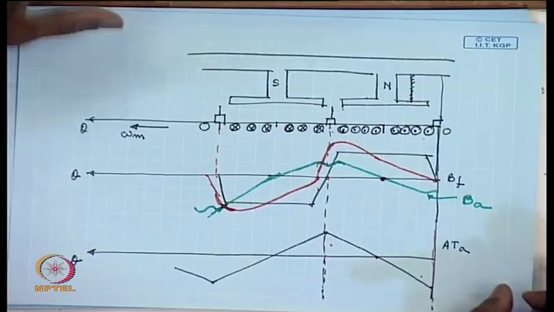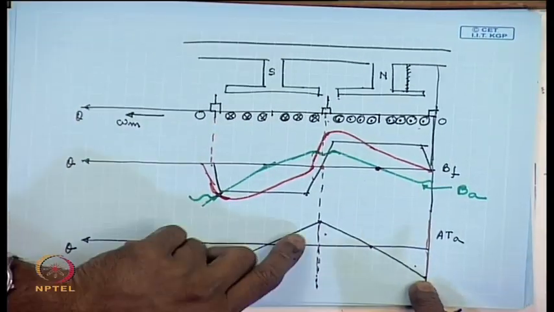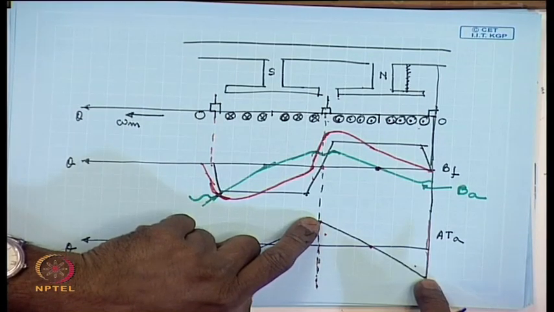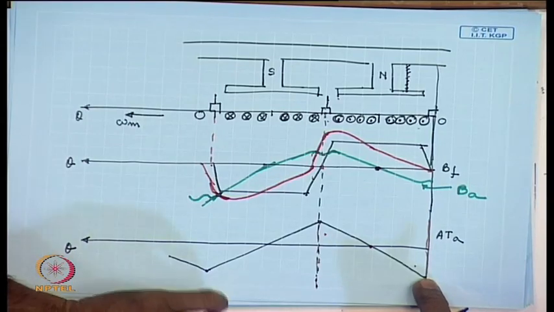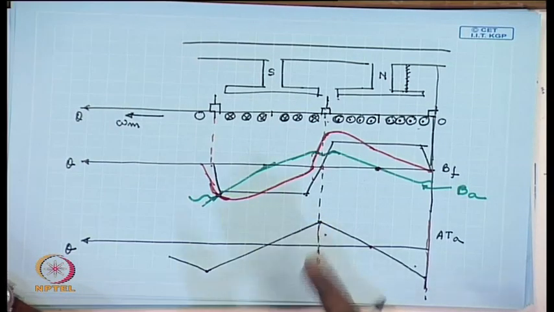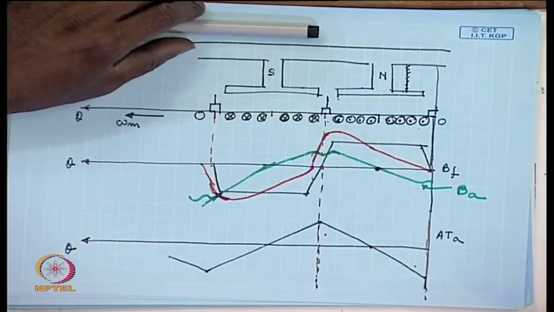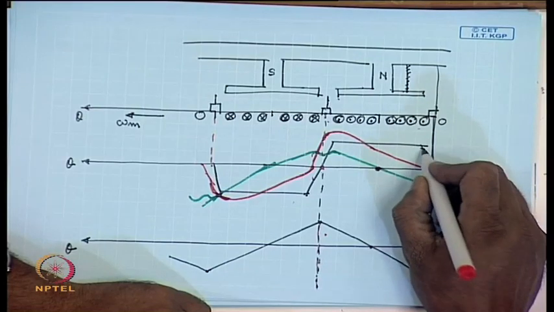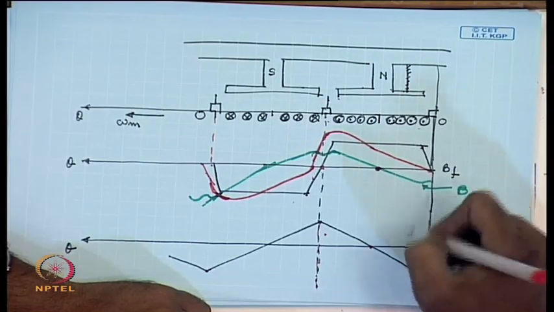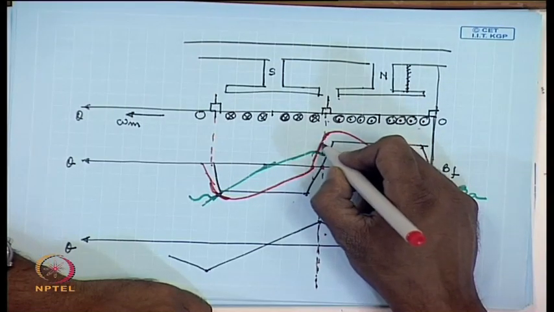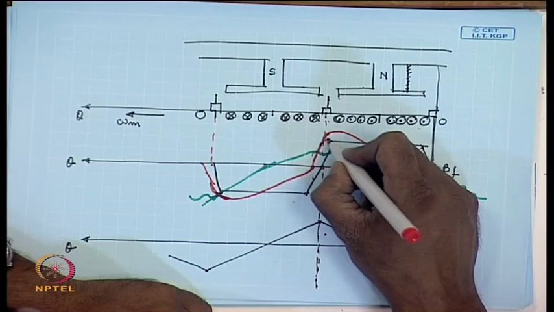Therefore, the same peak armature ampere turns, which are negative on this edge and positive on this edge, will not result in the same amount of increase and decrease in the flux density waveform. While on this edge the flux density will reduce by a substantial amount, almost proportional to the AT, on the other edge the increase will not be as much.